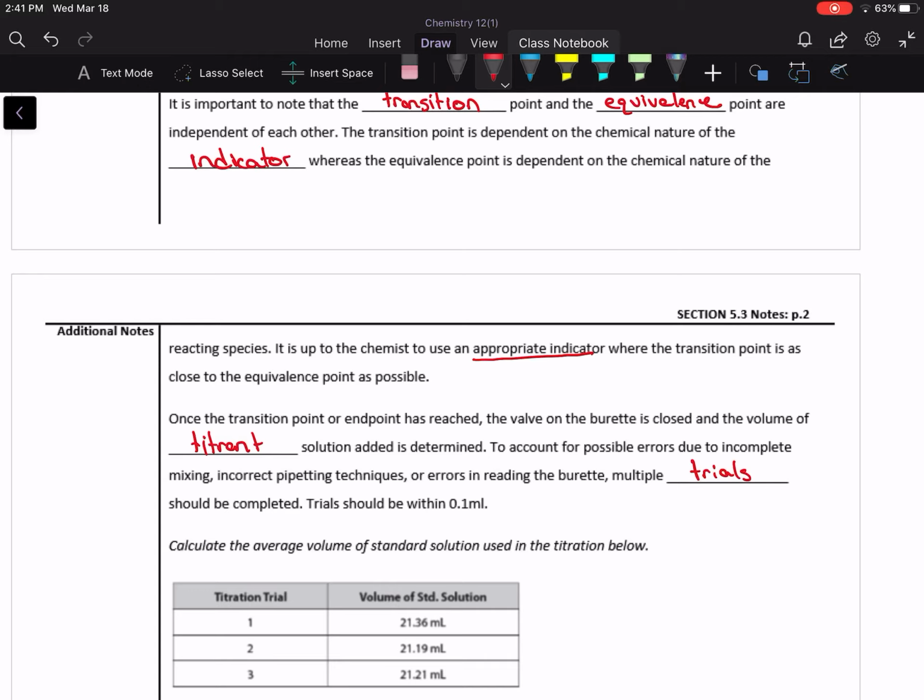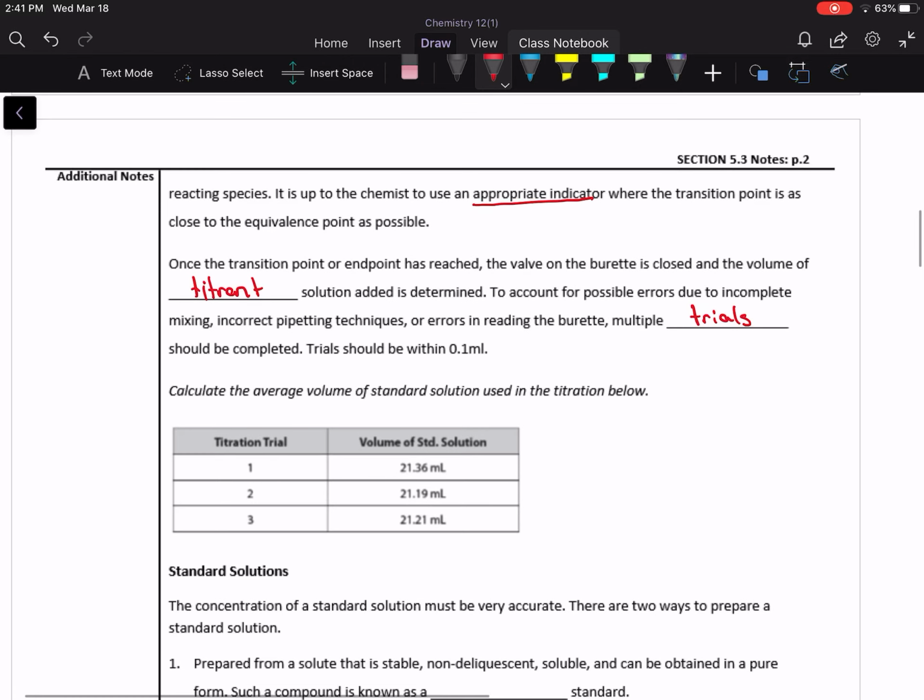And we want to make sure that those trials are within 0.1 mLs of each other. When determining the average volume of the standard solution, the average volume of our titrant added, we should make sure that we are eliminating any outliers.